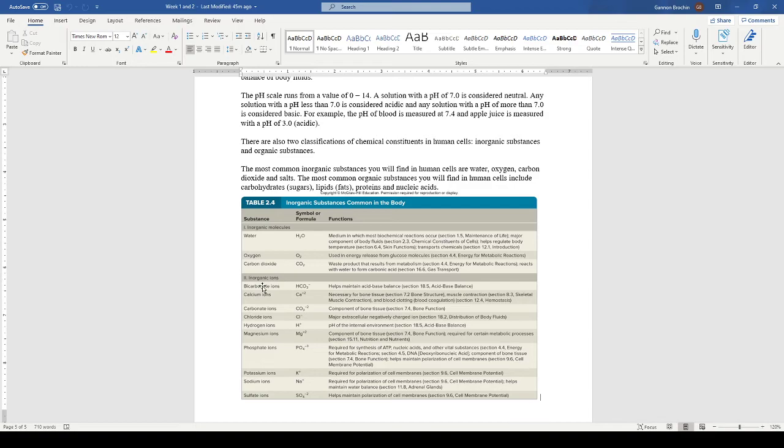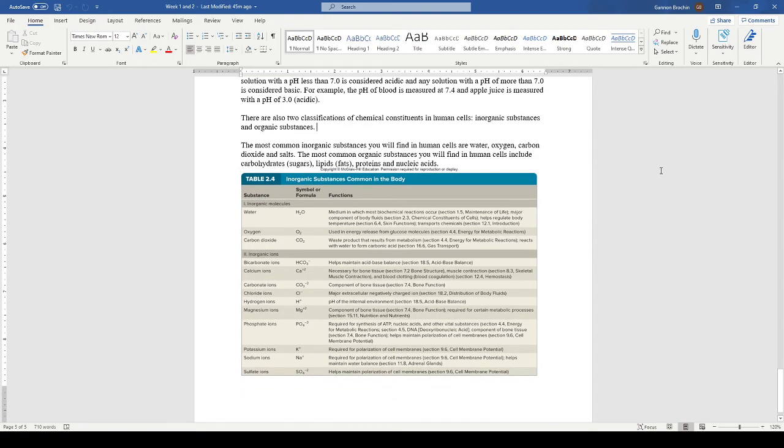Okay, so what happens there is if you see the plus on the hydrogen ion labeling, H+, and you see that bicarbonate actually has a minus, the bicarbonate can actually take that plus from the hydrogen, and that's going to reduce acidity and is actually a process that we use in the body via what's called a buffer.